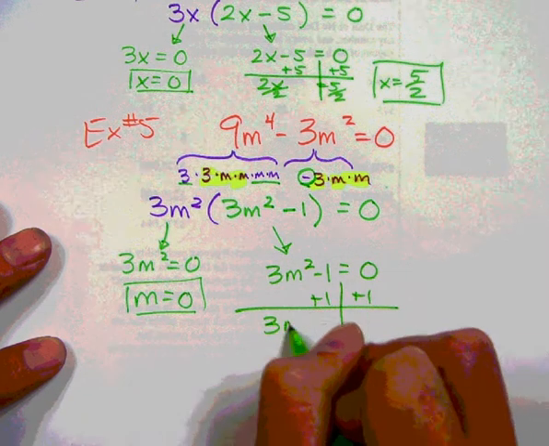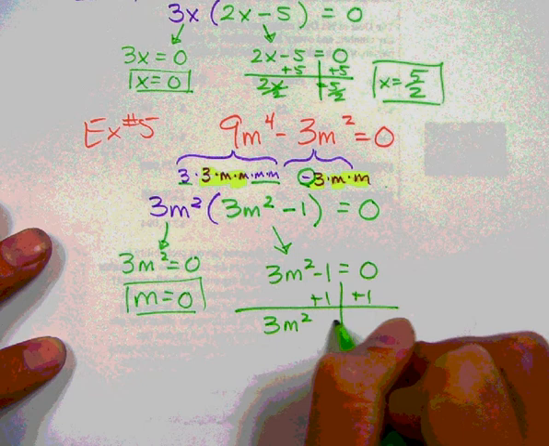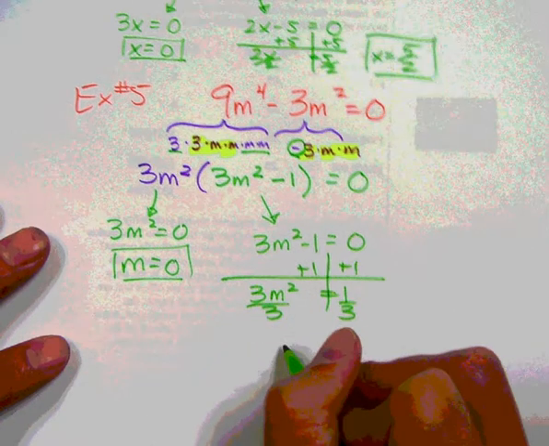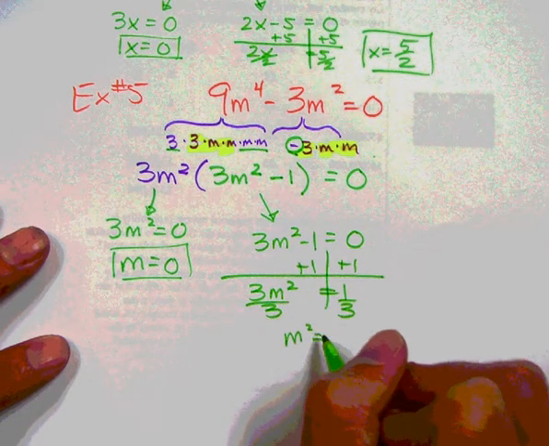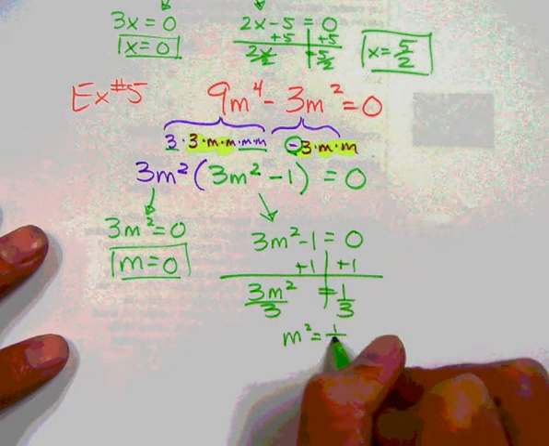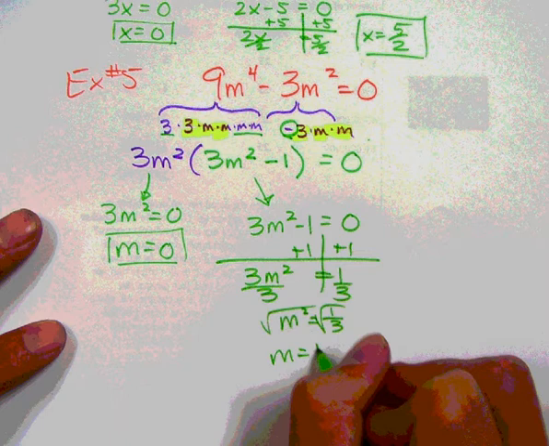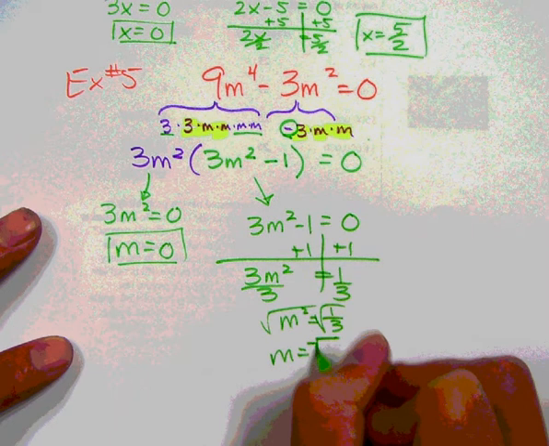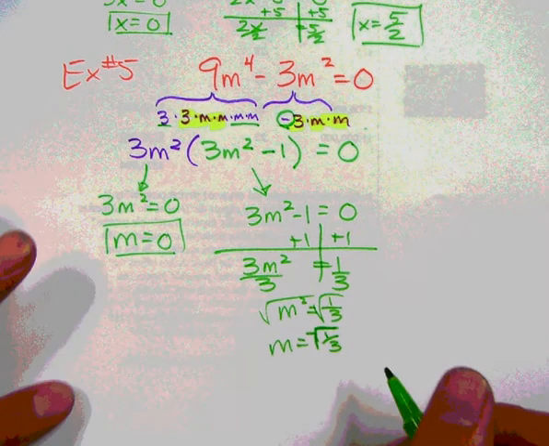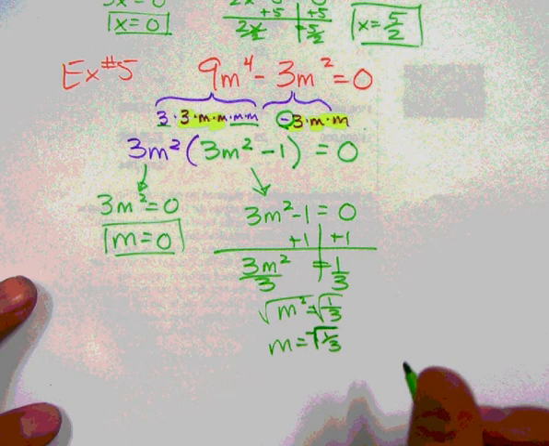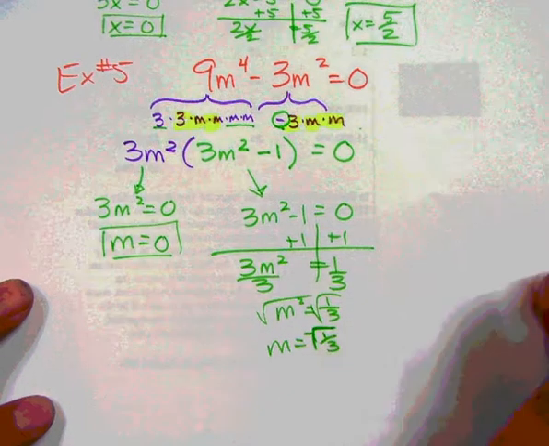Sure. I divide both sides by 3. Sure. And then I have to square root. Ay, ay, ay. Well, we'll just leave it for right now. Square root of 1/3, although that's not rationalized. That's not exactly how I want to end it. But if you can get to this point, I'm pretty happy about that so far.